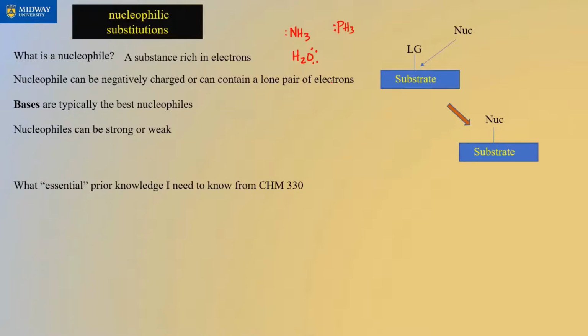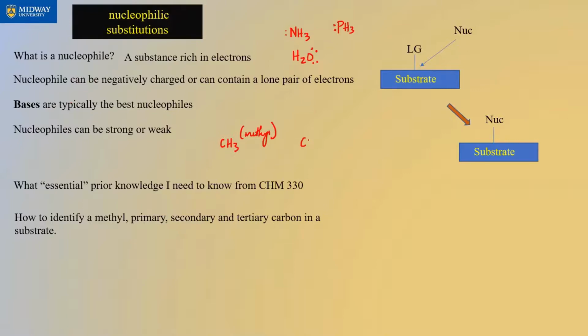What essential prior knowledge do I need from Chem 330 just to handle this substitution topic? It's very simple. You need to know how to identify a carbon in a substrate that contains the leaving group as methyl or primary or secondary or tertiary. Now, let me quickly summarize it. A carbon with 3 hydrogens is methyl, right?